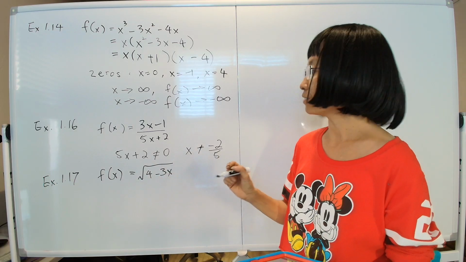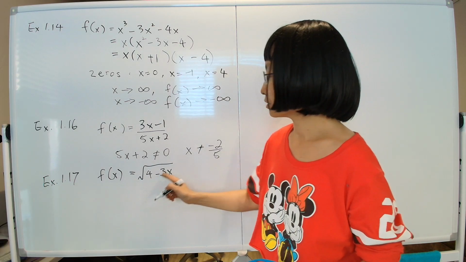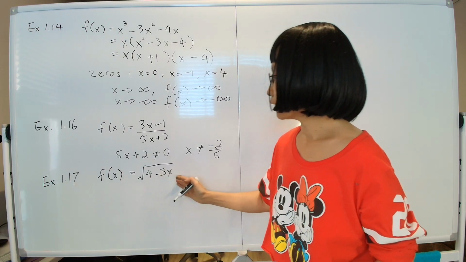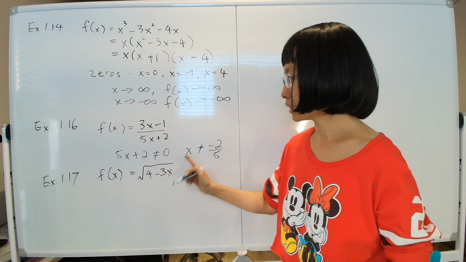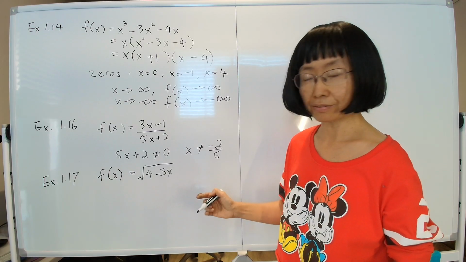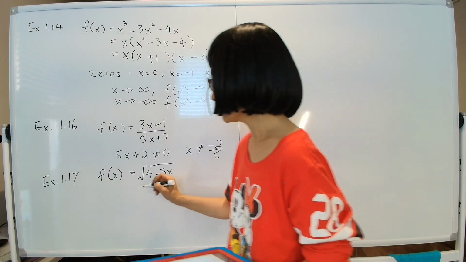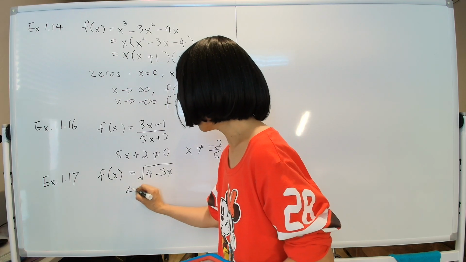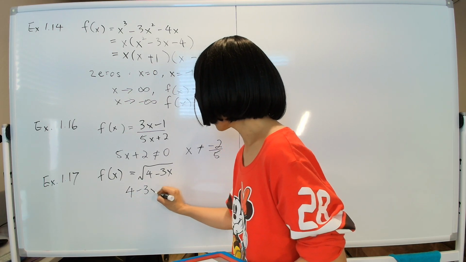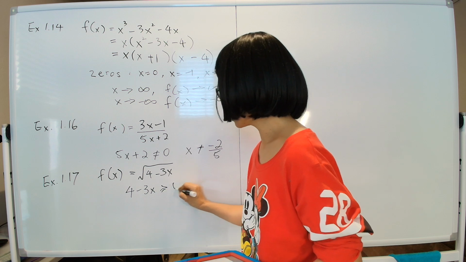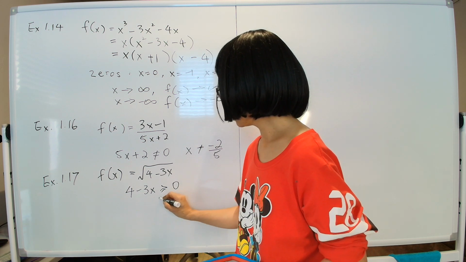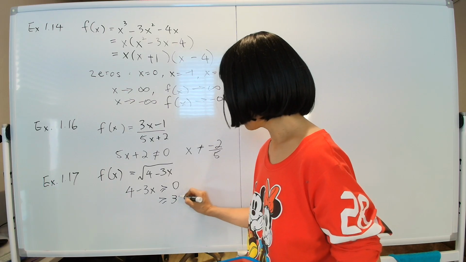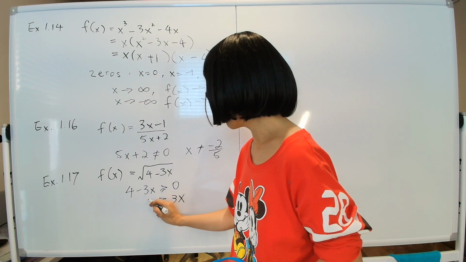For all square root functions, you cannot take the square root of a negative number, so what's inside has to be bigger than or equal to 0. So 4 minus 3x has to be bigger than or equal to 0. Then you move the 3x to this side, it becomes positive: 3x is less than or equal to 4.